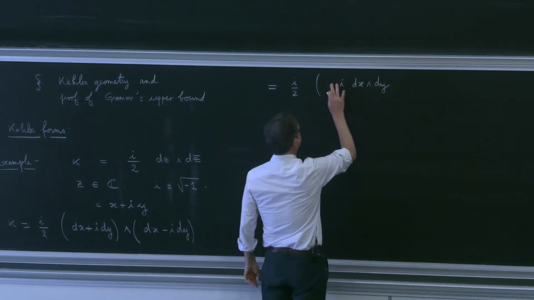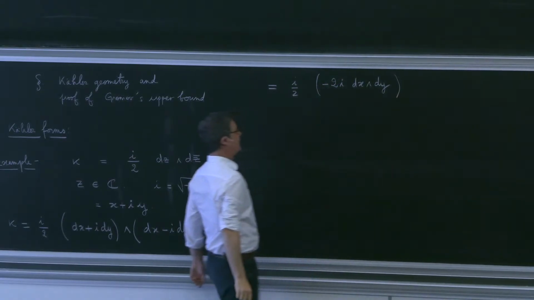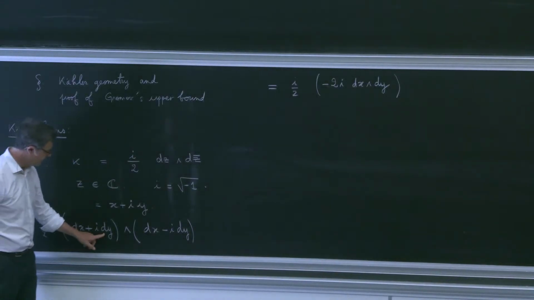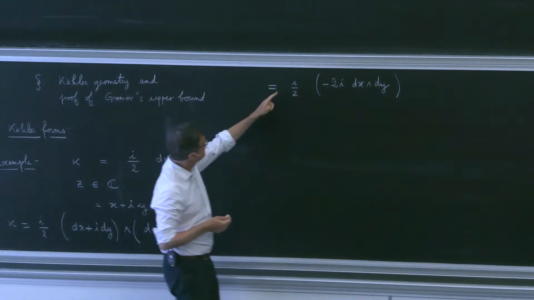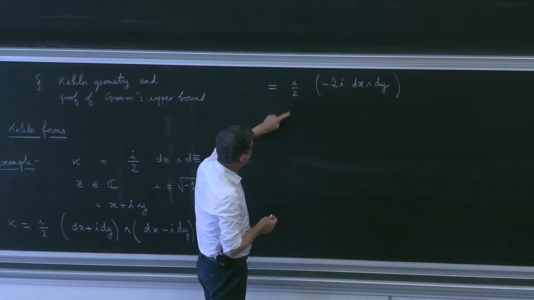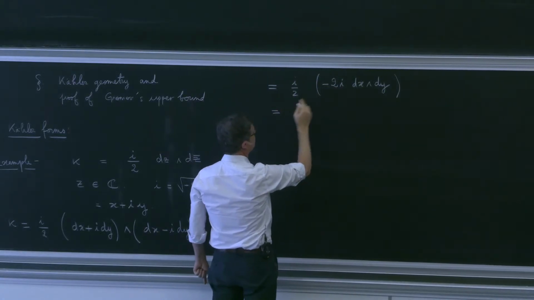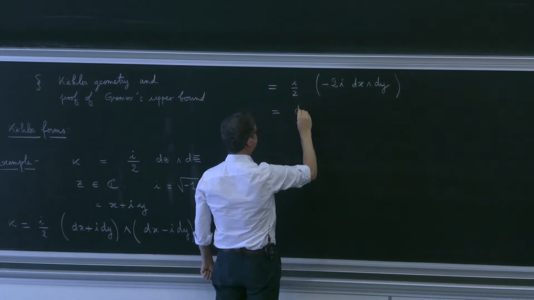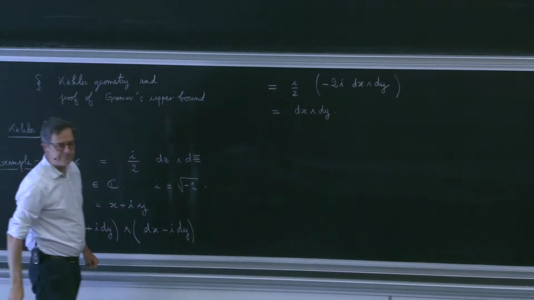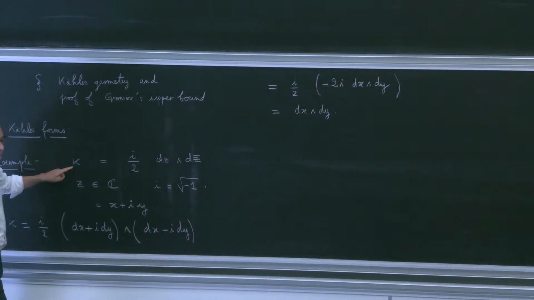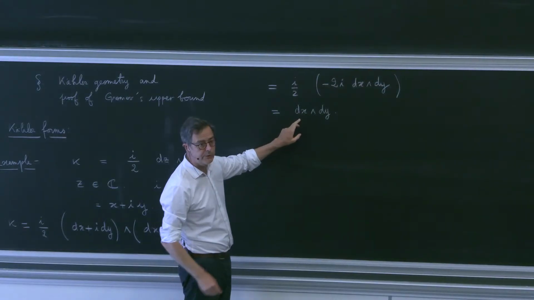So it's minus 2 times i dx dy, and again dy dy is 0. And so this is why I chose i and over 2, because i times minus i is 1, and 2 divided by 2 is 1. So this form written in complex coordinates, in fact, is the same as the usual area form on R2.